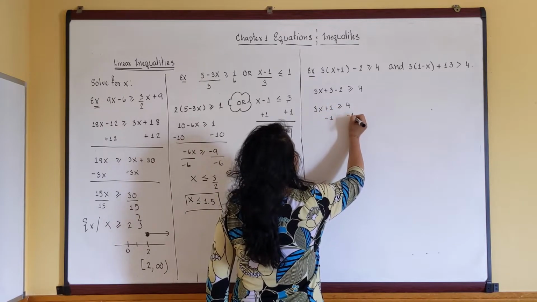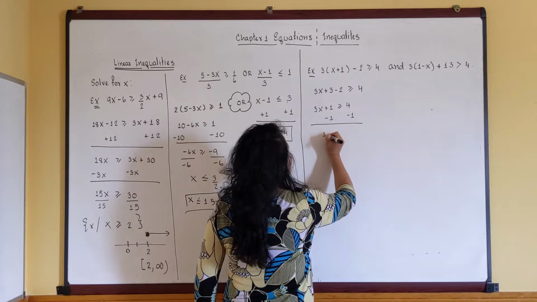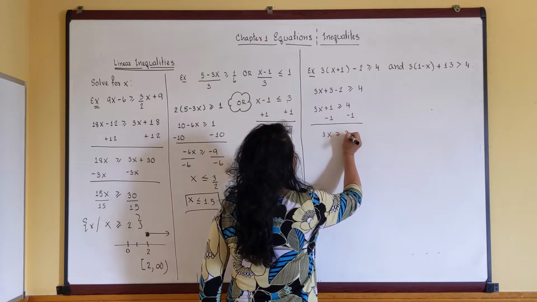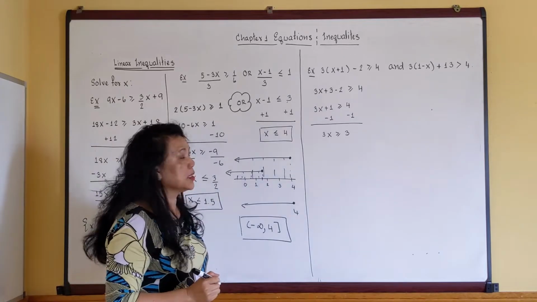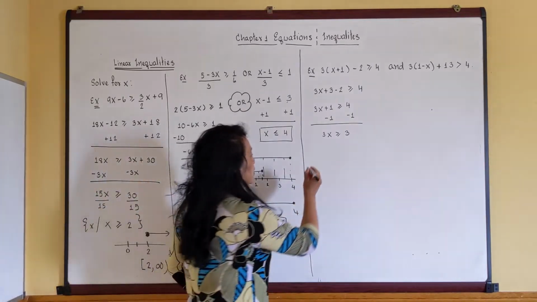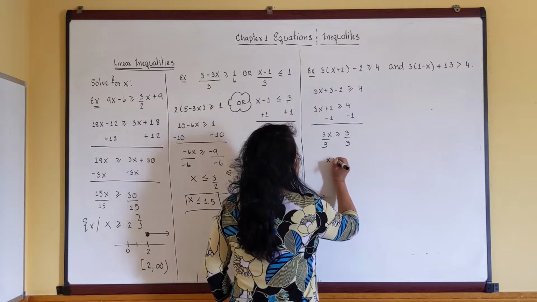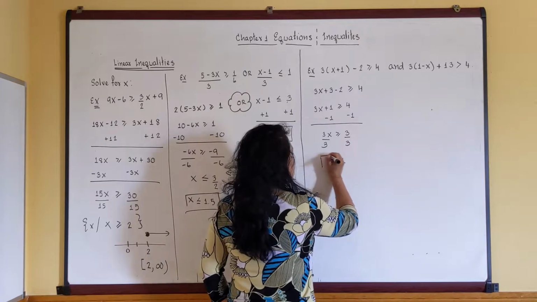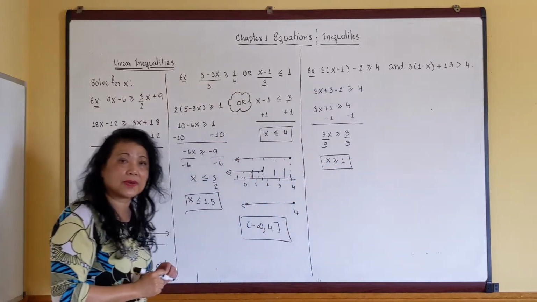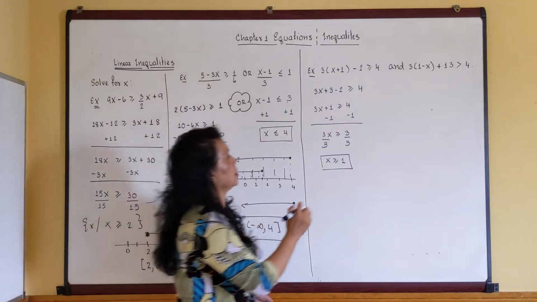Subtract 1. So 3x greater than or equal to 3. Divide by 3. 3 is a positive number. I don't have to reverse the inequality. So x greater than or equal to 1. That's one of my solutions. Right? Then I'm going to solve the other one.